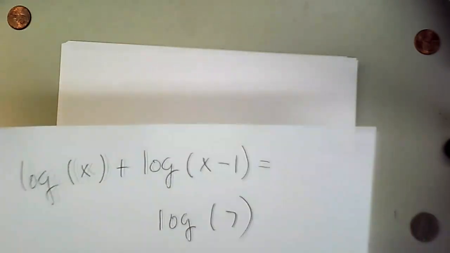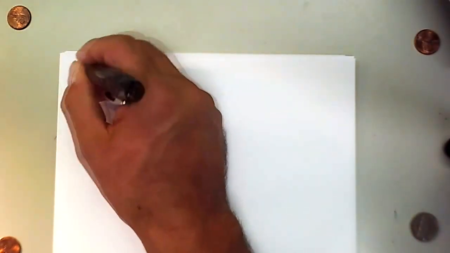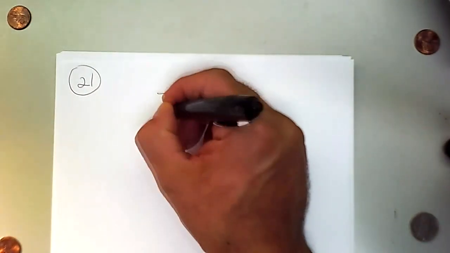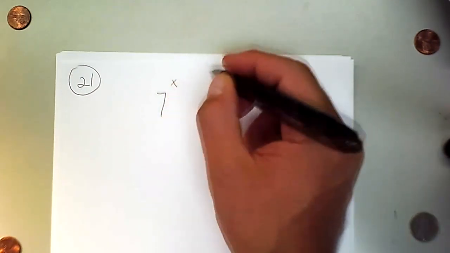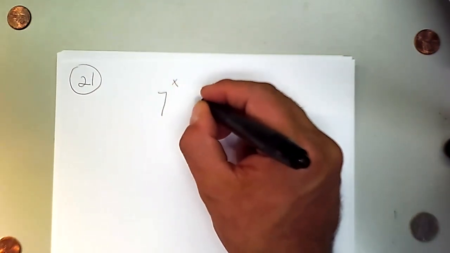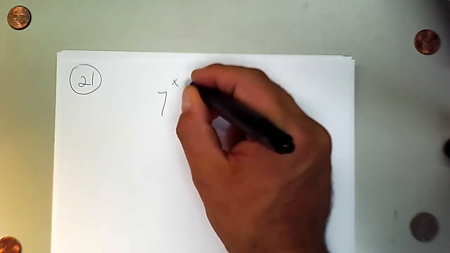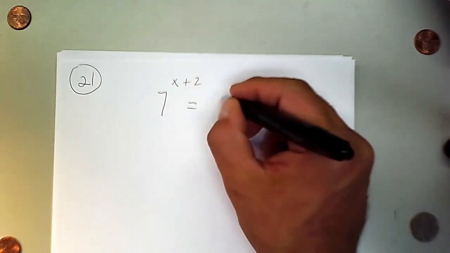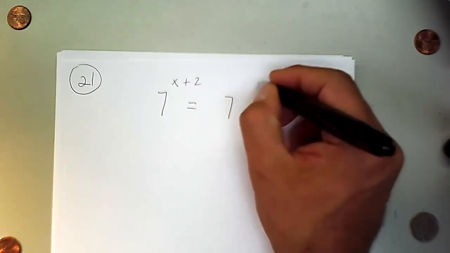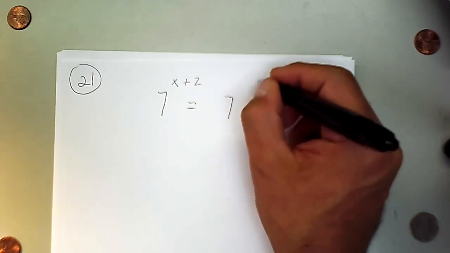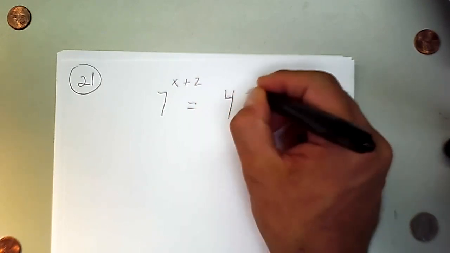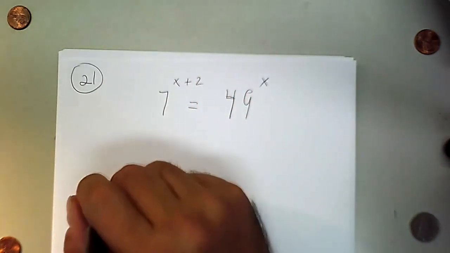Before we close this video, I remember that I didn't show you something. If we had 7 to the x plus 2 equals 49 to the x, there we go.